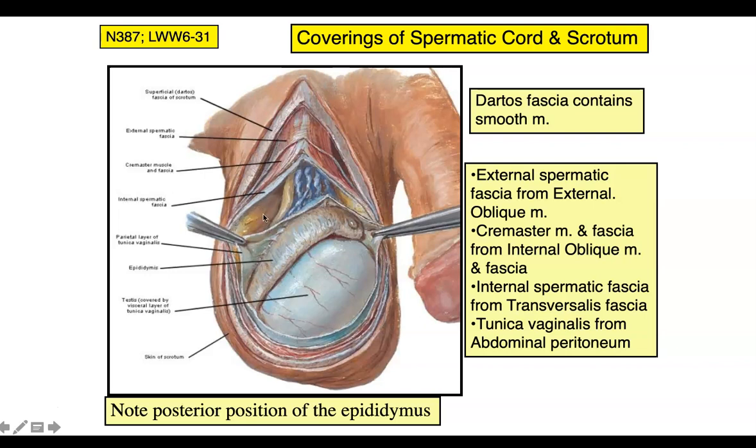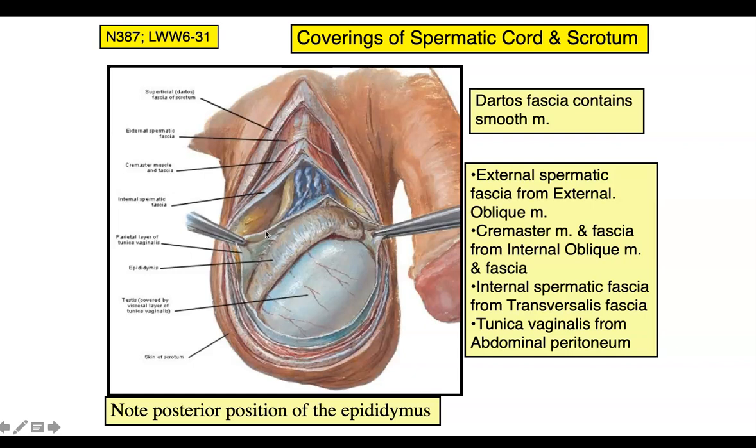And then the peritoneum. The peritoneum is also continuous underneath this fascial layer, and it forms the parietal and the visceral layer of the tunica vaginalis. We call it tunica vaginalis, but this is derived from the abdominal peritoneum.